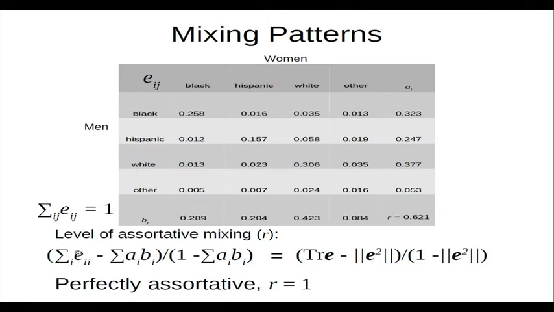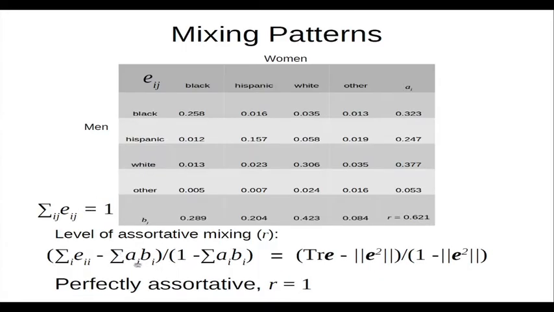So you are counting the total density of the diagonal elements. Now you are subtracting from there the chance that a black chooses a Hispanic or some other group with some random chance, independently.